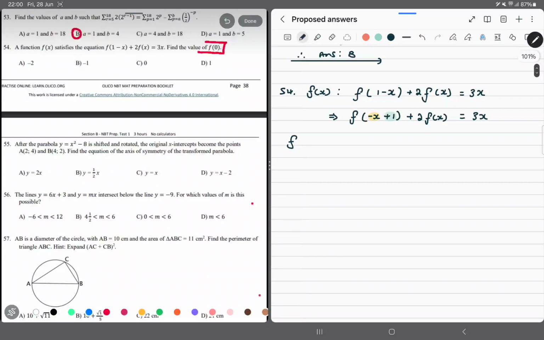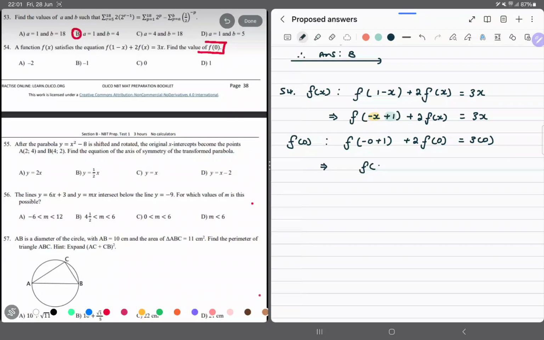So let's see now, we have to find f of 0. F of 0, this means where we see x, we put 0. Okay, great. So what does this simplify to?